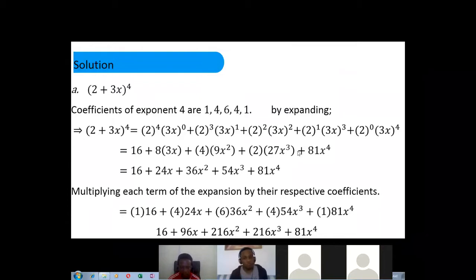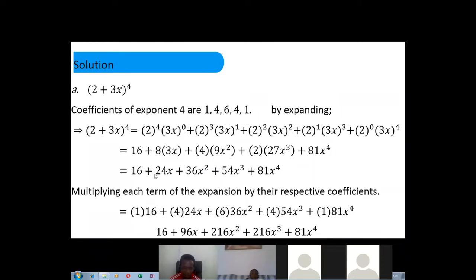That is when you are using Pascal's triangle. In using Pascal's triangle, the expansion we did over here, we did it without the coefficients. That is why we listed the coefficients down first.